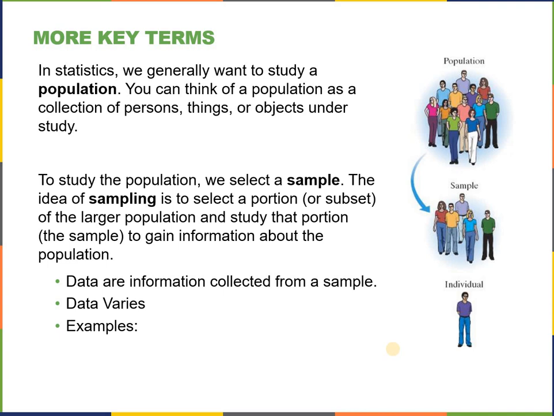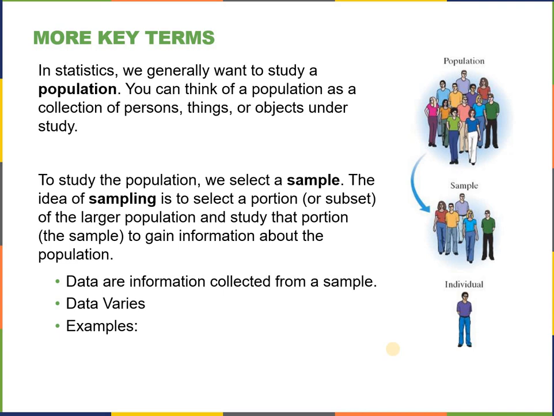What results from the sample is usually what we call the data. Data basically are information we collect from our sample or a population. Could be population, could be a sample. And the key element that you need to think about when you think about data is data varies.